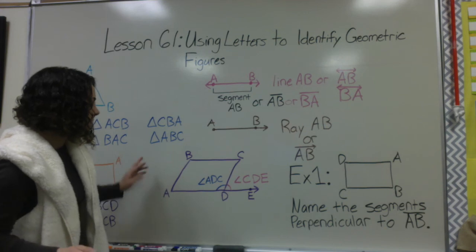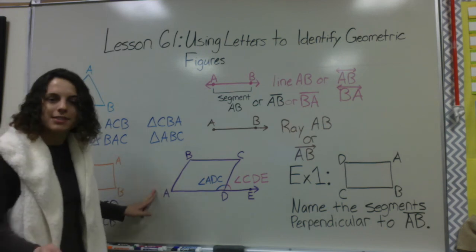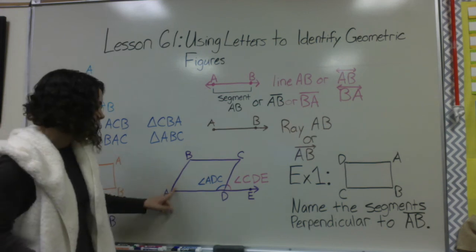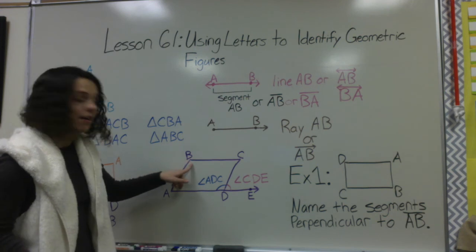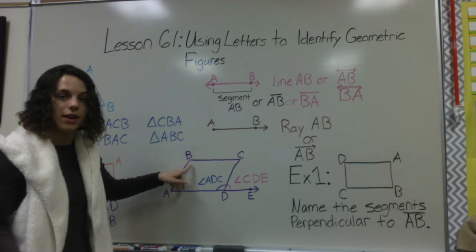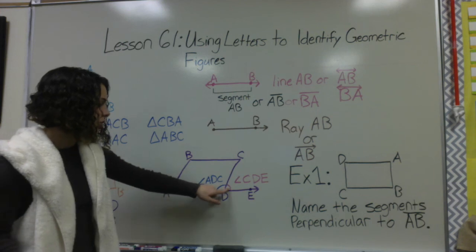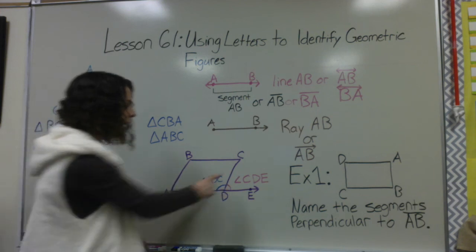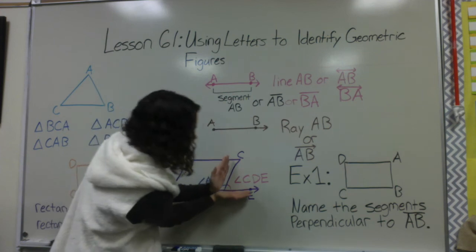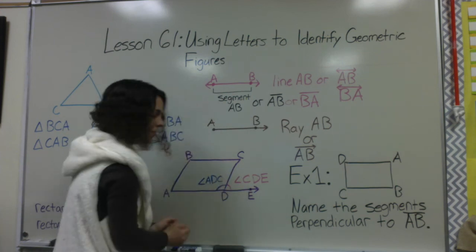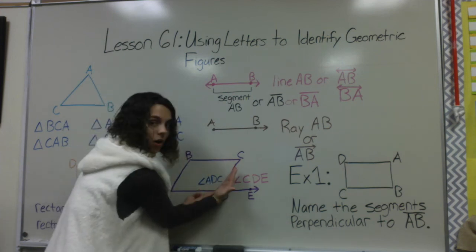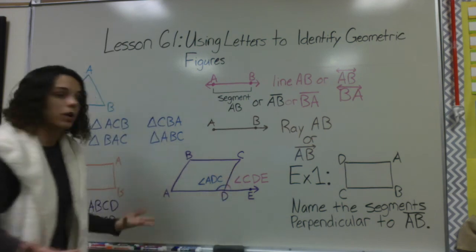So if I want to name this angle, I could simply say angle A and I know which angle I'm talking about. If I look at angle B, I know which angle I'm talking about because it's the only angle B. However, D is split into two different parts. I could be talking about this acute angle of angle D, or I could be talking about this obtuse angle of angle D. I would not know.